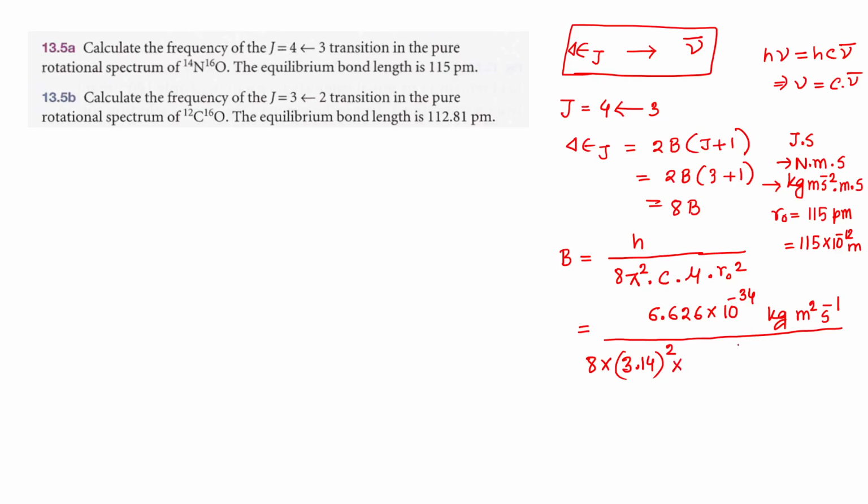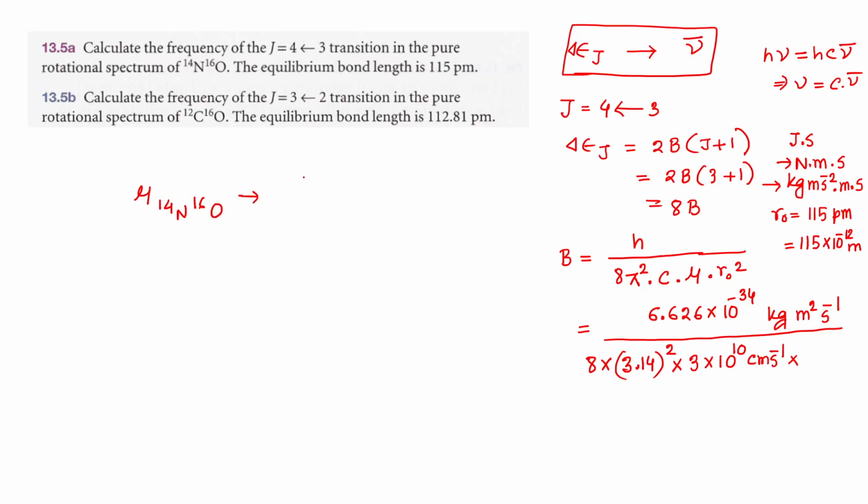Then speed of light. Generally we want to measure our rotational constant in centimeter inverse unit, right? So instead of writing 3 into 10 to the power 8 meters per second, let me write 3 into 10 to the power 10 centimeter second inverse. And then we have our reduced mass. What is the reduced mass for this 14N16O?